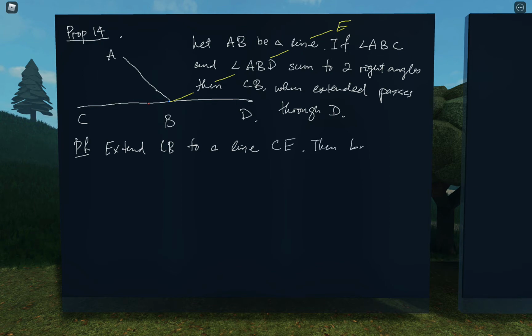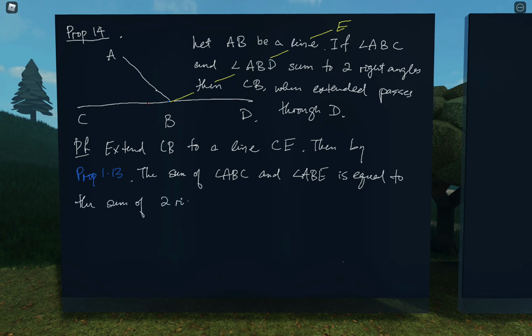Then by proposition 13, the sum of the two angles ABC and the angle of this new line ABE is equal to the sum of two right angles.